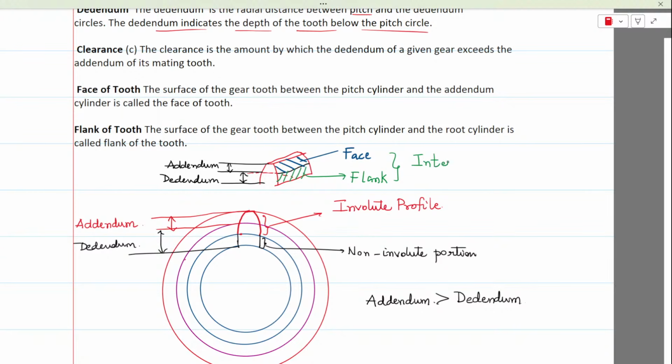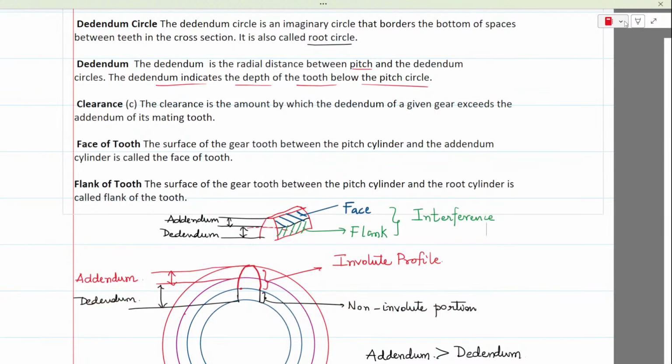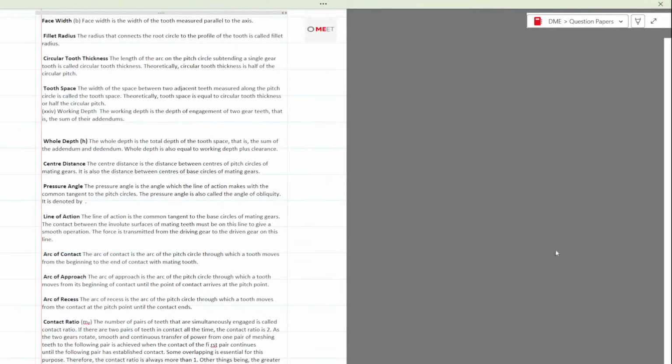What I mean is they would be more frequently used, and you should not get confused when you try to understand the phenomenon of interference. Okay. So these were the parameters, and let's continue our discussion.